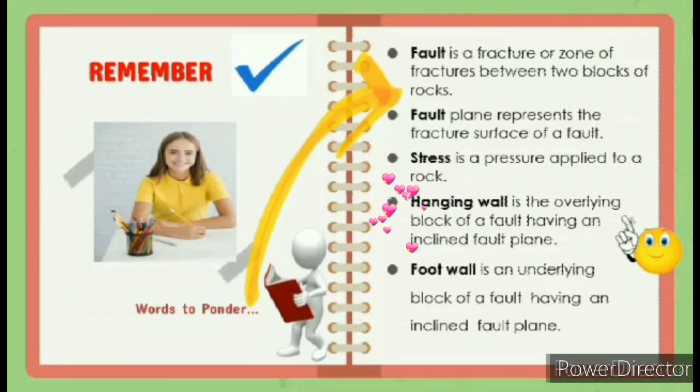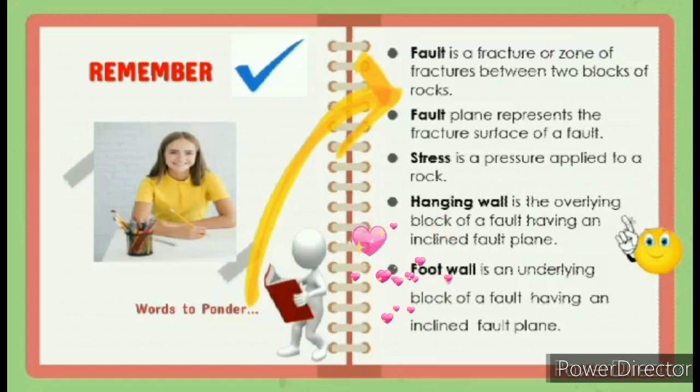Next is hanging wall. It is the overlying block of a fault having an inclined fault plane. While a footwall is an underlying block of a fault having an inclined fault plane. As what I have said, the footwall is where volcanologists or other persons studying earthquakes or the earth's surface are capable of walking.